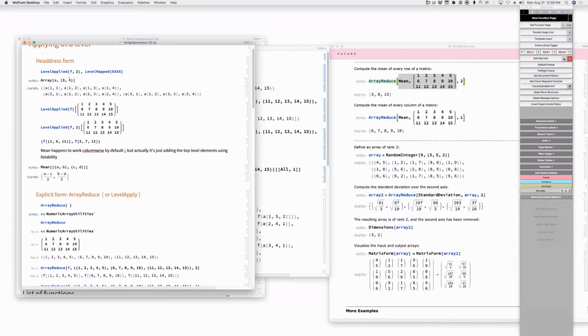And then level apply: level 2 means apply this operation to the level 2 things. I mean, that seems understandable to me. Yeah, for a matrix, maybe you're right, but let's see for an array of rank 3. Yes. Okay, in the case 3 by 5 by 2, what would that do?